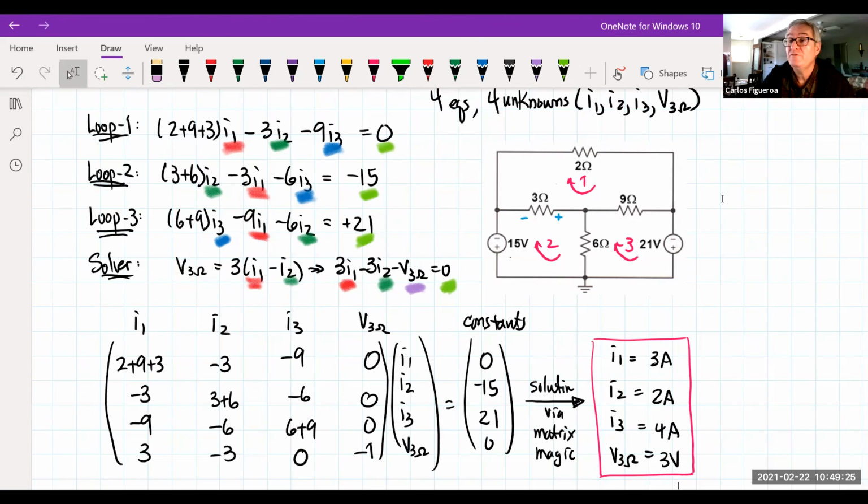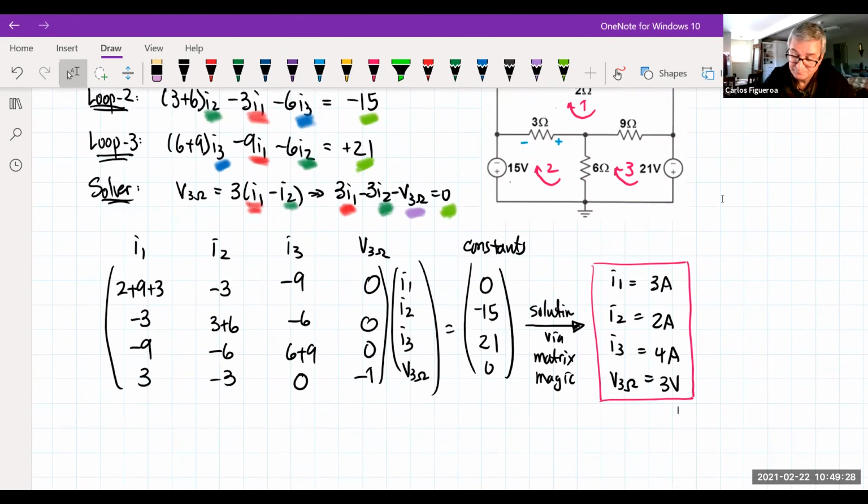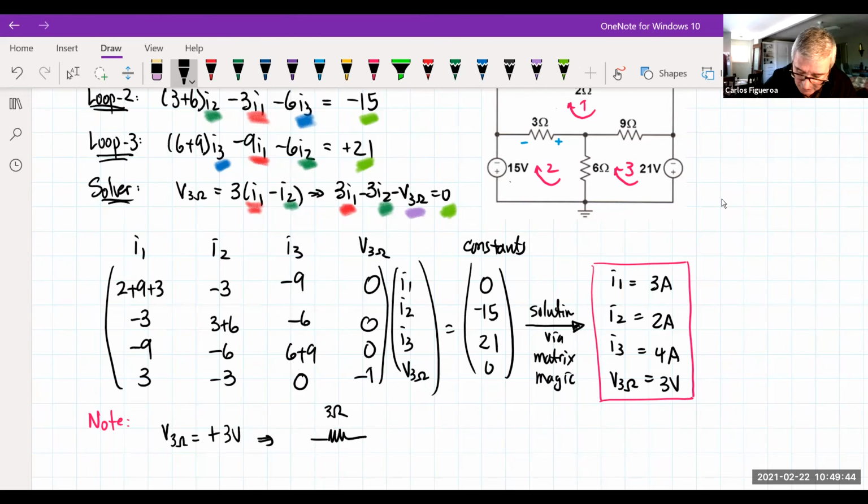So before we finish, let's look at this thing here. So note, V3 ohm is positive 3 volts. That tells me that the polarity of the 3 ohm resistor is literally as shown. It's 3 volts.